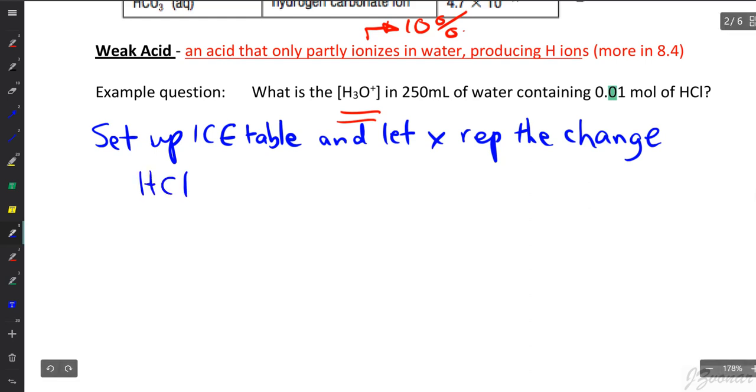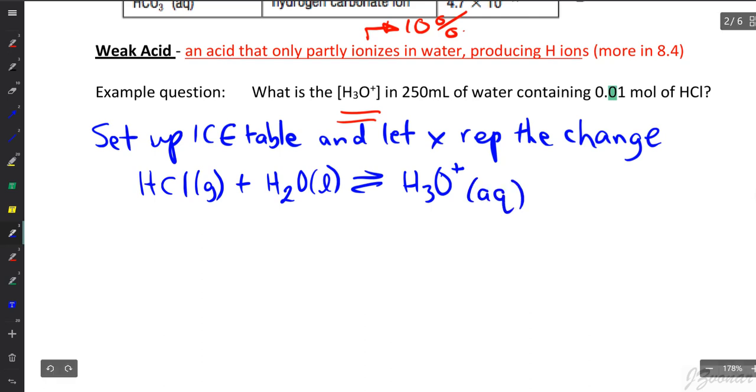We've got HCl, and it's being placed in water. And we're forming hydronium ion, or we can write H+ for short. But this way it sort of shows us where the hydrogen is being donated based on the Bronsted-Lowry theory of an acid and a base, and the HCl has lost it.